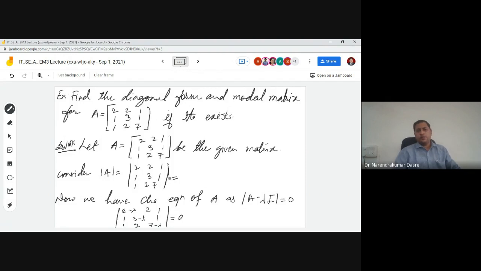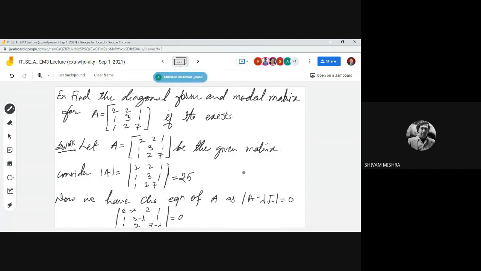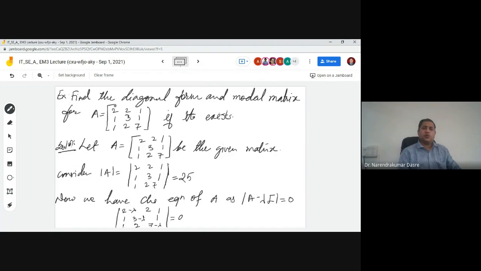What is the value of the determinant? Any one of you have got it? 25. Please confirm others. Is that okay? Yes, sir. Okay. So the sum is going to be 12 and the product is going to be 25. What are the eigenvalues?